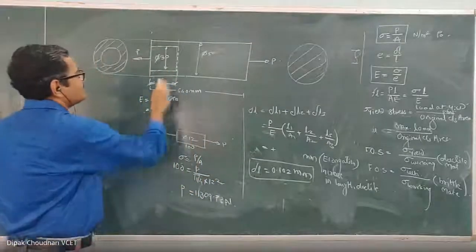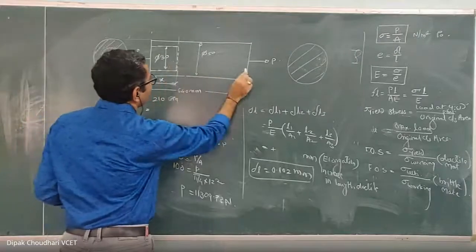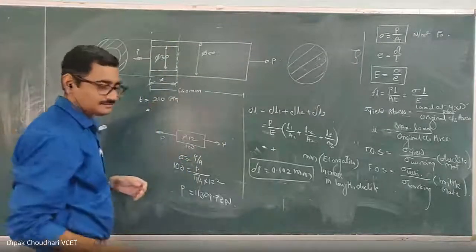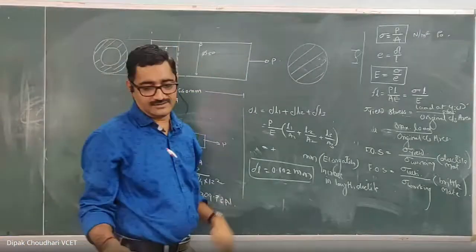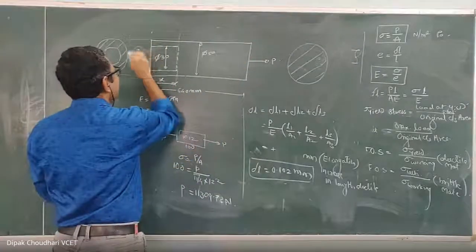Now, since we have to consider the deformation of this hollow part and of this solid part, let's consider one imaginary section over here. This cross-sectional area is different from that one, but both parts are subjected to the same axial force.